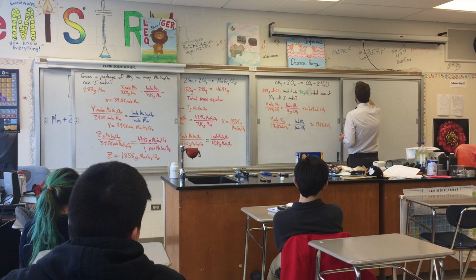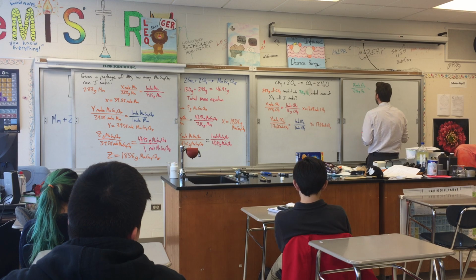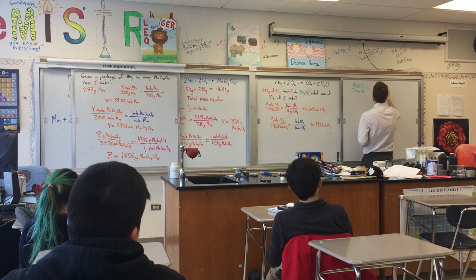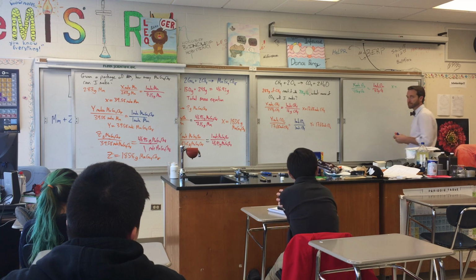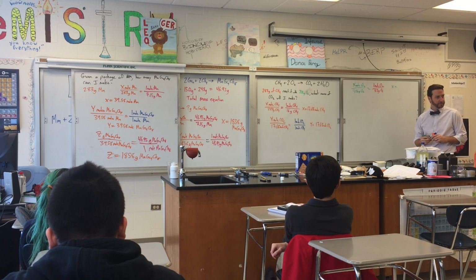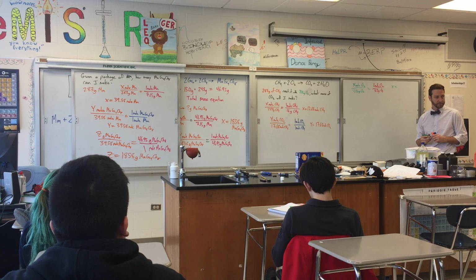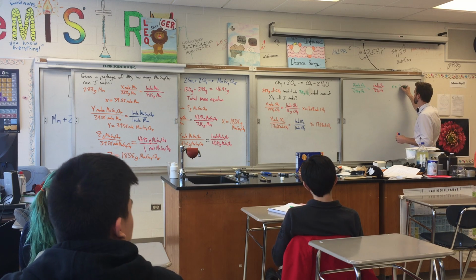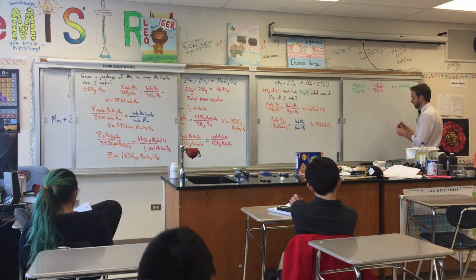So, X moles of oxygen in 726 grams of oxygen, proportional to 1 mole of oxygen weighing about 32 grams. So how many moles of oxygen am I working with? 22.68.